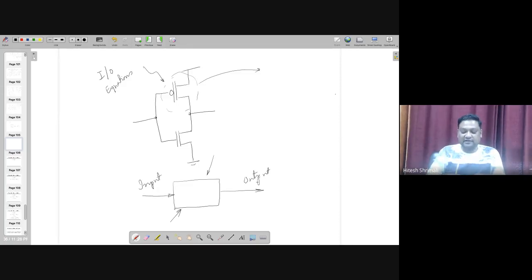It's also known as the transfer characteristic or the transfer equations or the transfer functions which you are using. So if you're going inside this, there are mathematical equations there.